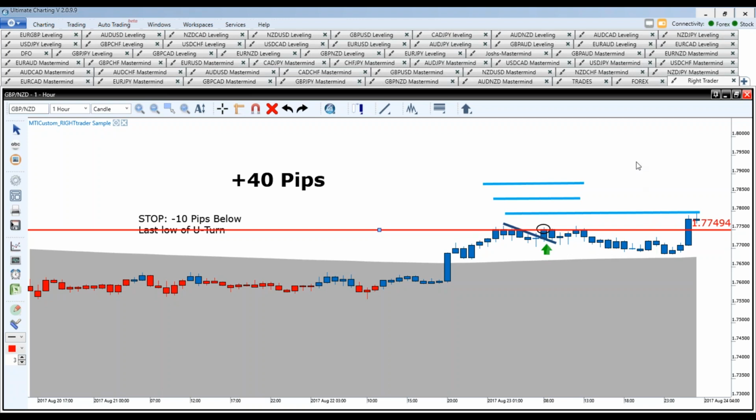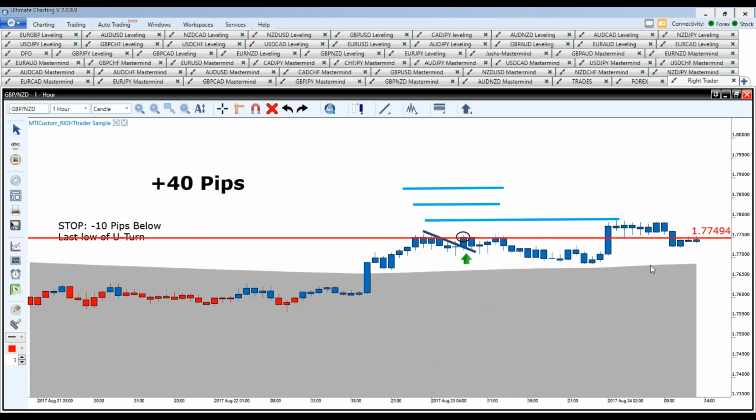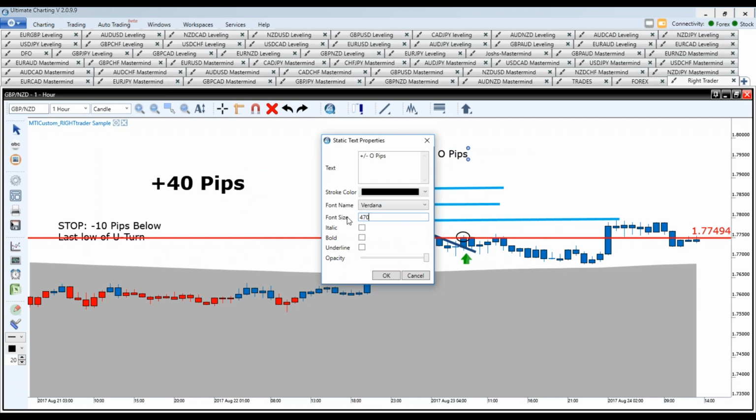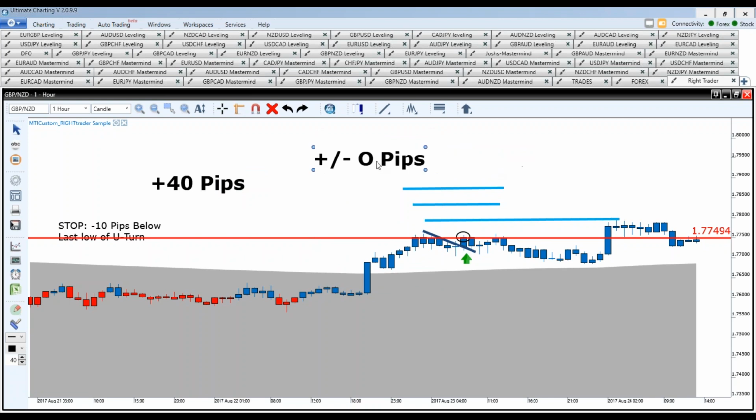So let's see what happens. We got stopped out. There it is. So we lost 0 pips. So the question really comes down to this: do you believe that as a trader, when you got stopped out, you lost 0 pips?